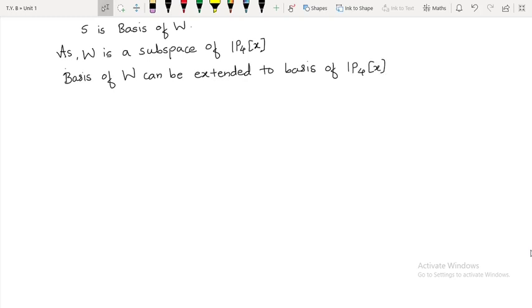Now the question is, which elements should we add in S in order to extend it to a basis of P4 of x? One vector is already there in S, so how many vectors do we have to add? This is the question. Before that, I will mention the dimensions.